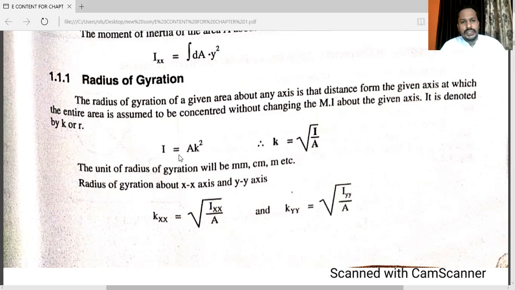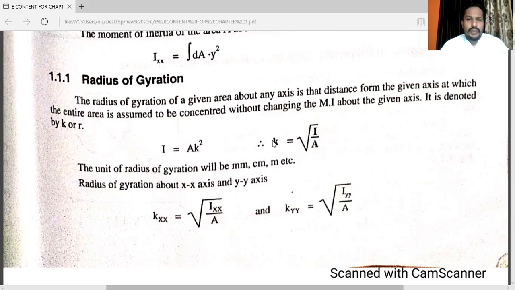The moment of inertia is equal to A into K square according to the definition. See, therefore, K is equal to under root of I upon A. I is nothing but moment of inertia and A is the area, entire area. The unit of radius of gyration will be mm, centimeter, meter, etc.